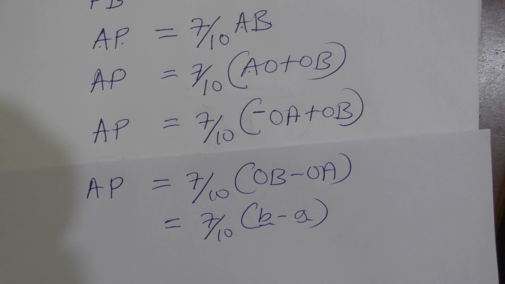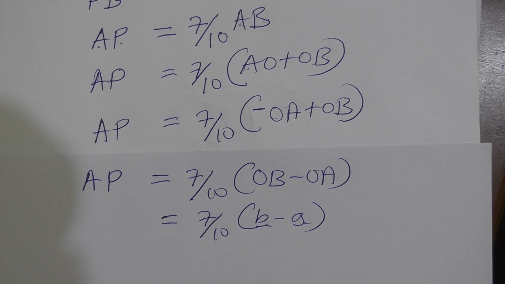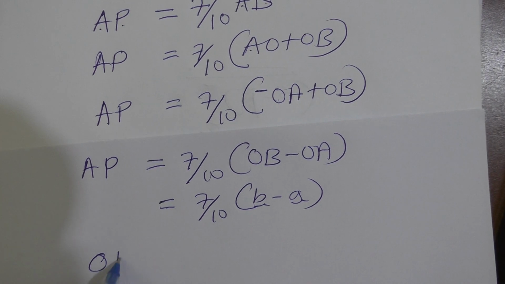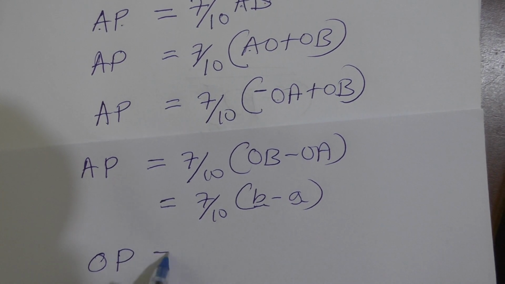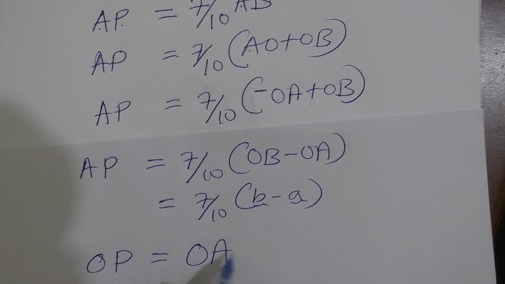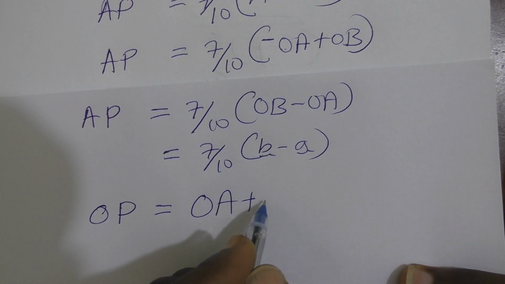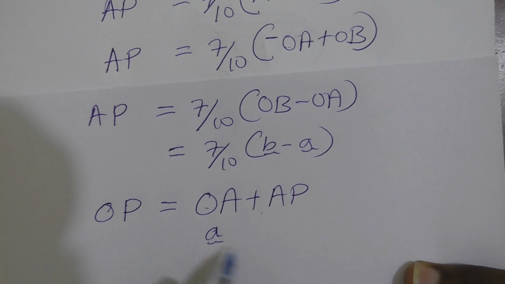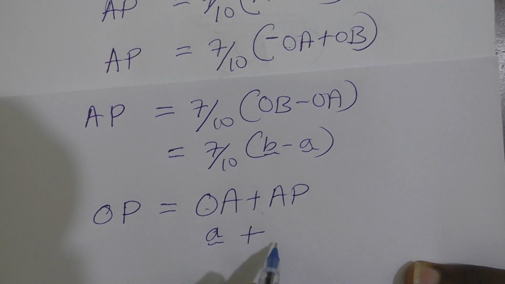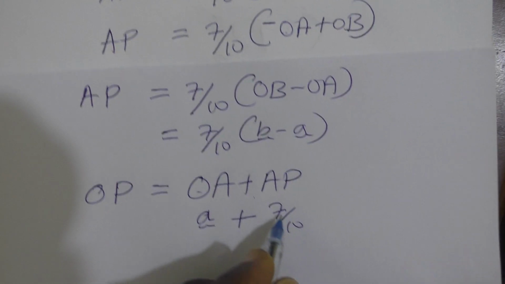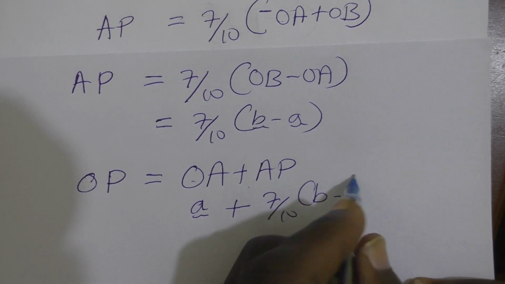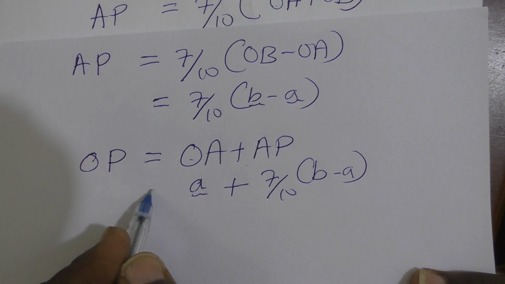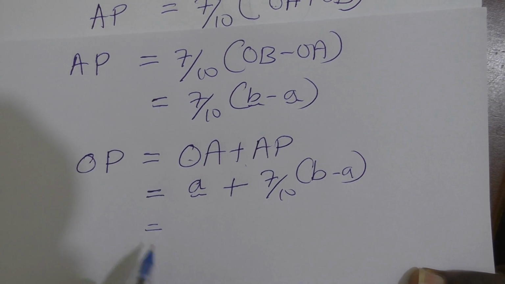So that is AP. After getting AP, I can now get OP. Remember, OP is OA plus AP. So OA is vector A plus AP, which is 7 over 10 of B minus A. Don't leave your answer at this stage, otherwise you have no mark for accuracy.